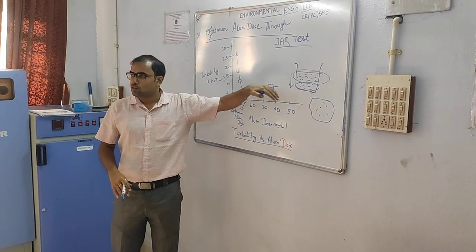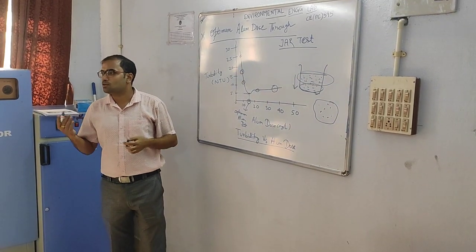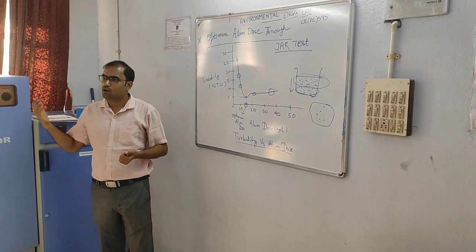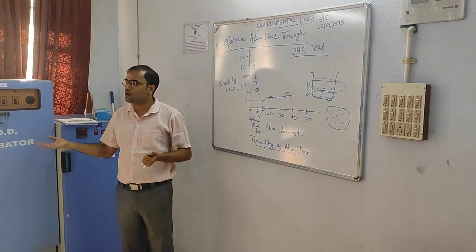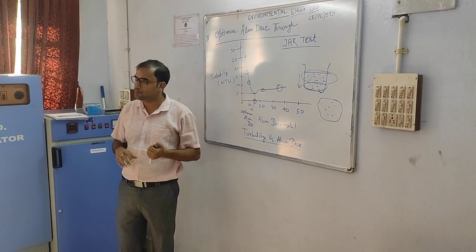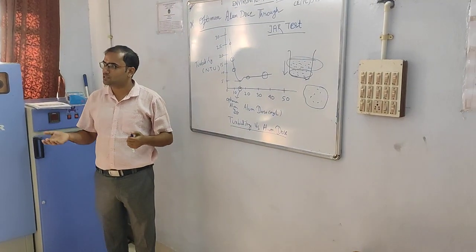So why do we use this test? Because in water treatment plants, either you treat wastewater or you treat drinking water for the normal usage of the consumers. At the time of treating it, we apply several processes.